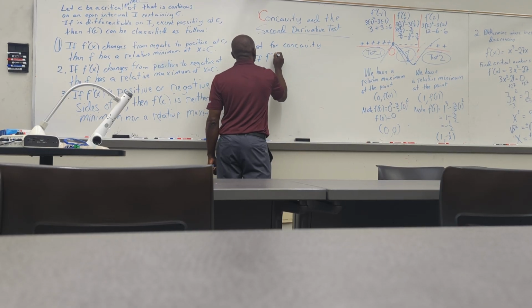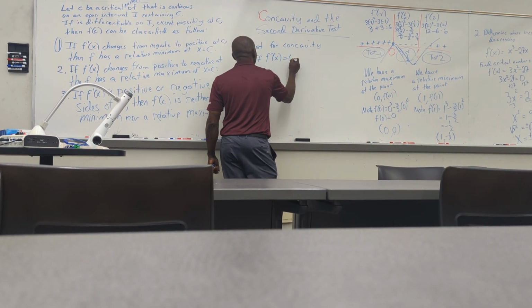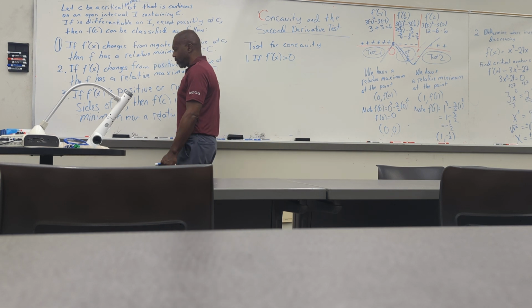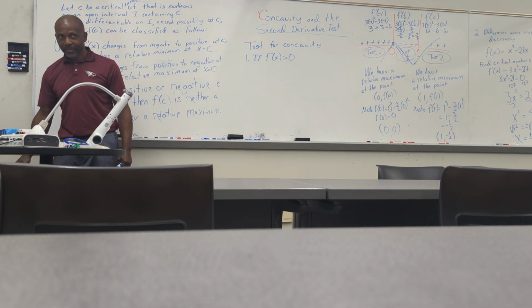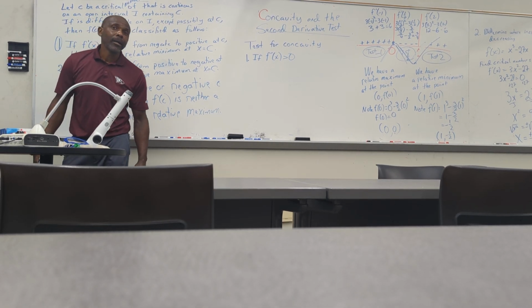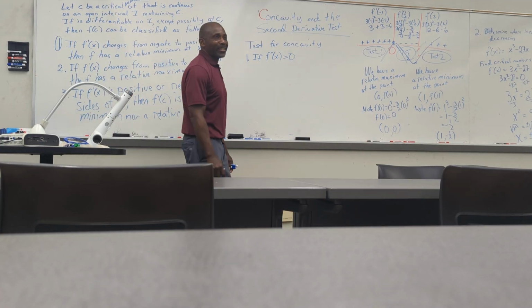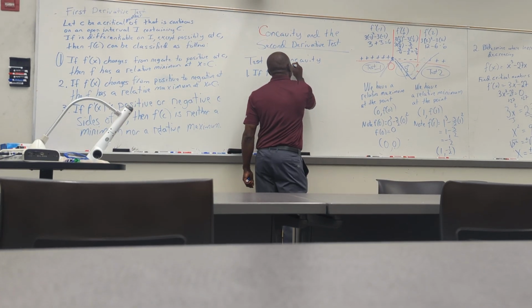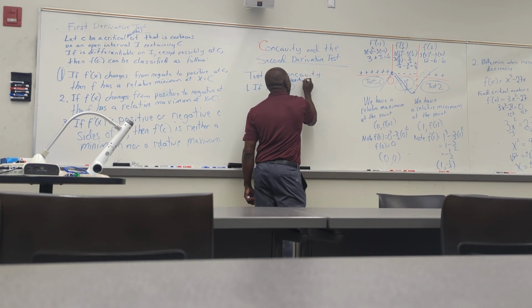if f double prime of x is greater than 0. What about greater than 0? Give me another word for greater than 0. Greater than 0 means what? Bigger. Yeah. Oh, positive. We good, class? Greater than 0 simply means it's positive. We good? Okay.